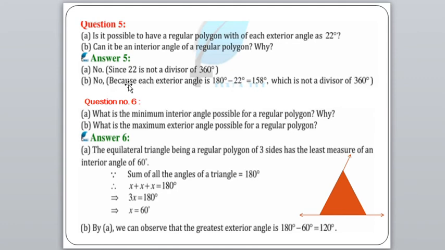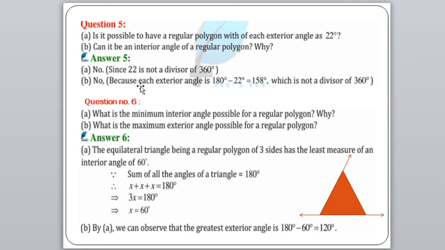Why? Because each exterior angle is 180 degrees minus 22 degrees, which equals 158 degrees. If the exterior angle is 22 degrees, then the interior will be 158, and if the interior is 22 degrees, then the exterior will be 158. So here 22 is given as an exterior angle, and it is asked, can it be an interior angle also?